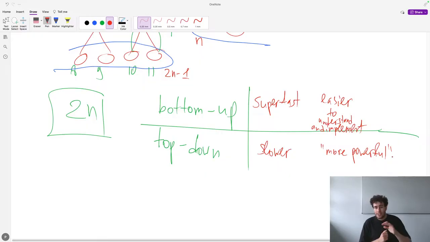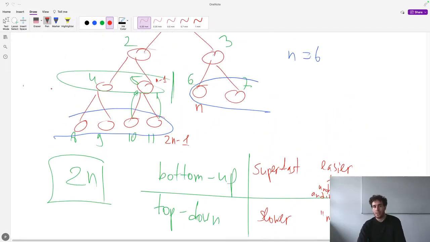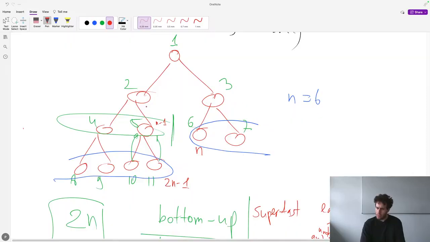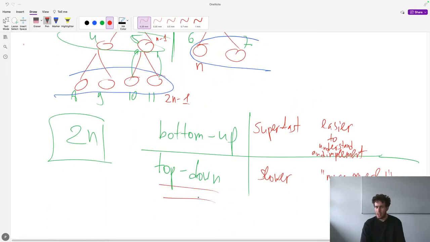But just keep it in mind that this is a simpler, faster version, but there is a slower, clunkier, but more powerful thing. In terms of memory efficiency, you can't do this trick with not making a power of 2 with this top-down approach. But there are still ways to make it use only 2n memory rather than 4n. But yes, by default, this is 2n and top-down is 4n.